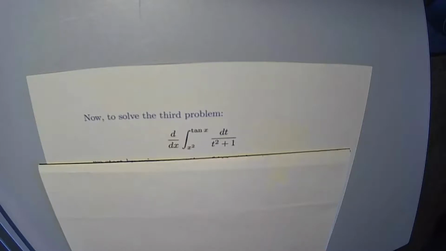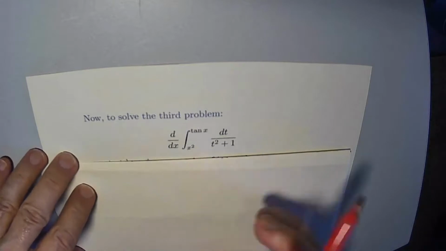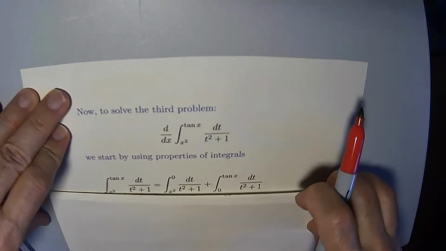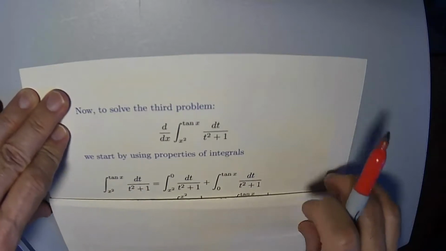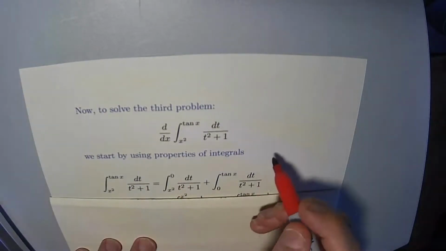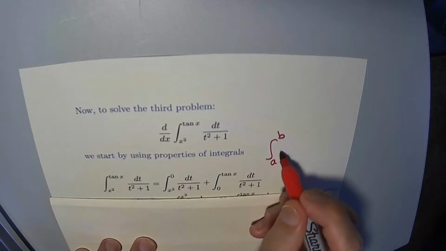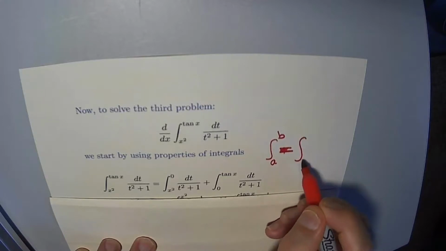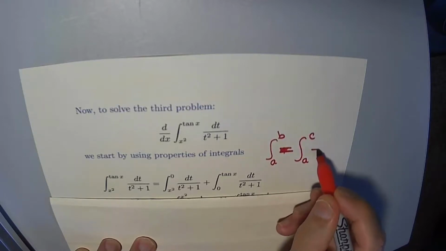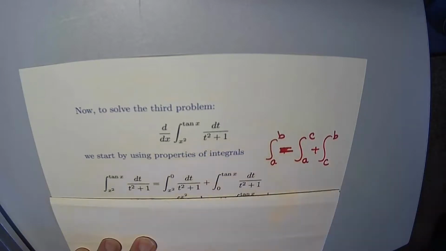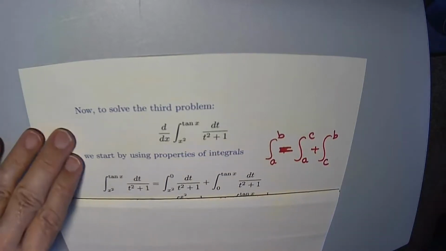Now let's move down to the third problem, where both the lower and upper limits of the integral are functions. To deal with this, we use a property of integrals that says we can take any integral from a to b and write it as integral from a to some number c plus integral from c to b. C can be any third number.